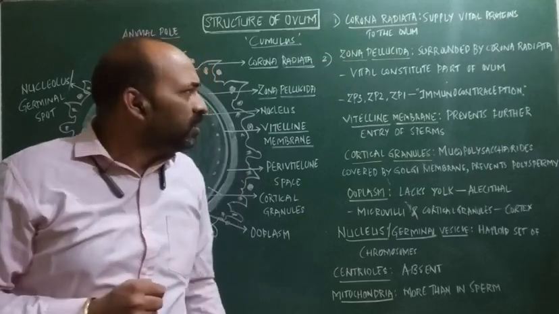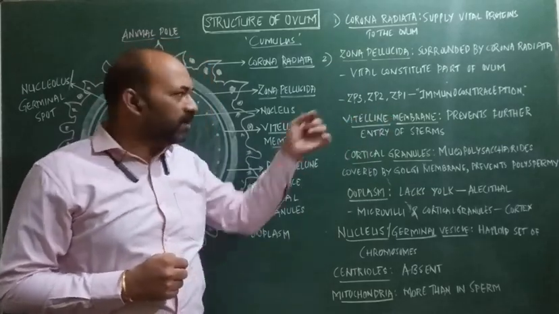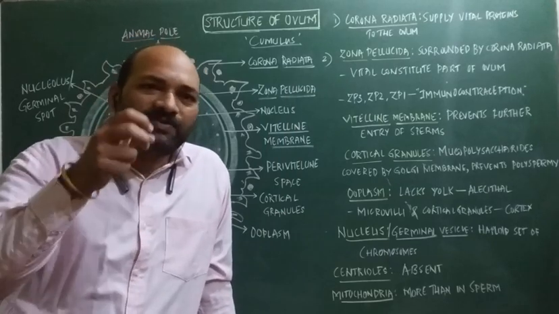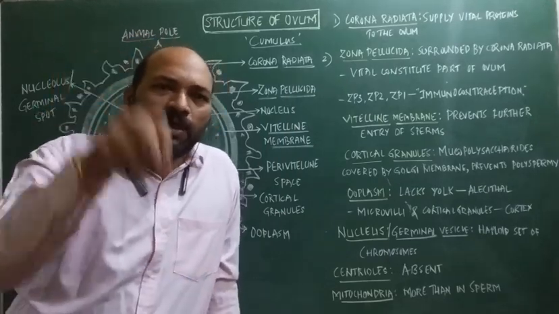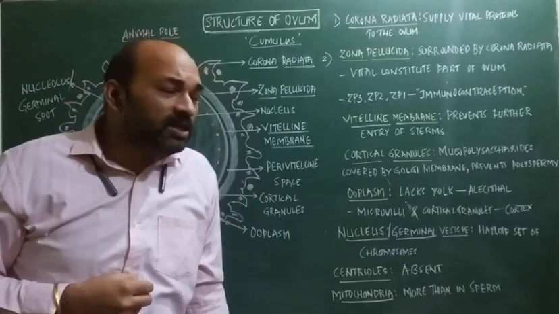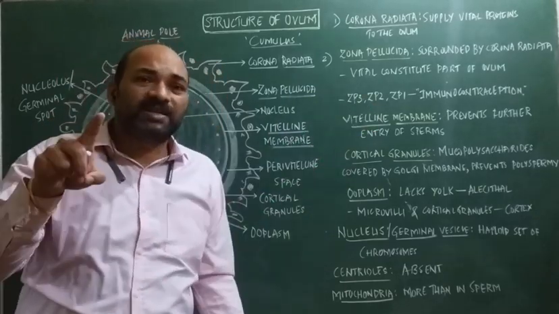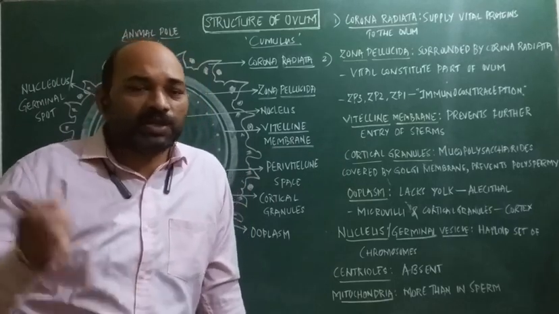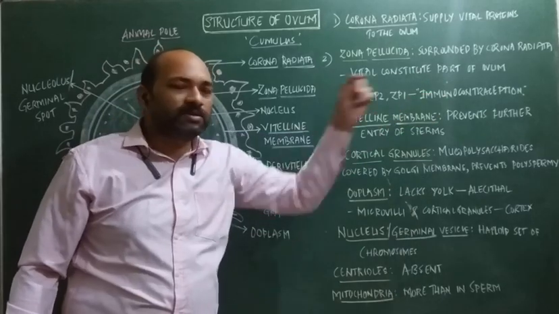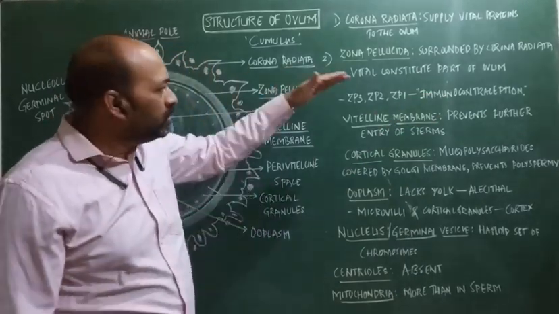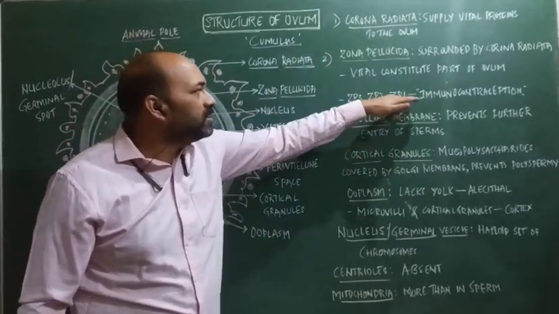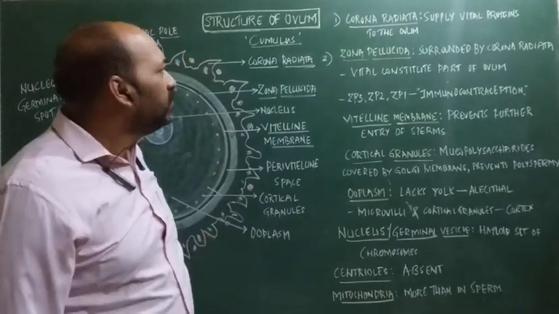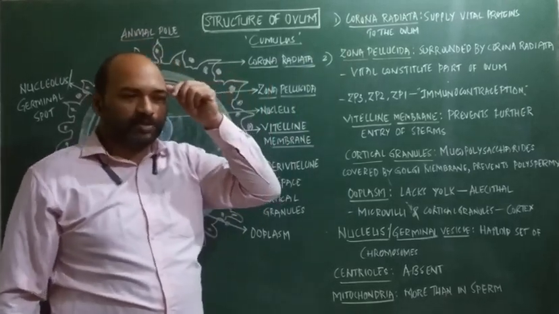It means if these proteins present in the zona pellucida are extracted and introduced into the blood of another animal, they may result in sterility of the animals where they are injected. That is what we call immunocontraception. So ZP3, ZP2 and ZP1 present in the zona pellucida are the targets for immunocontraception.